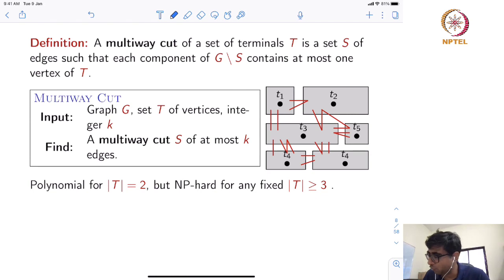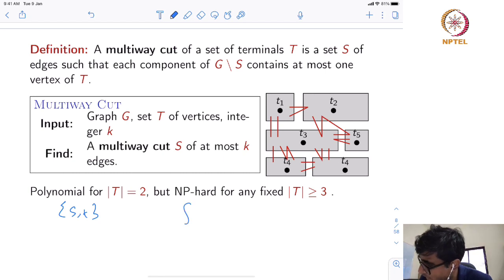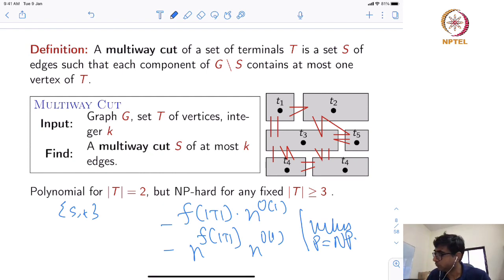As I told you, if you are just given 2 vertices S and T, then this is polynomial because it is nothing but a min ST cut problem. But the problem is already NP-complete for a fixed number of terminals T greater than or equal to 3, and that is why we do not expect to have an algorithm of this nature unless P equals NP.